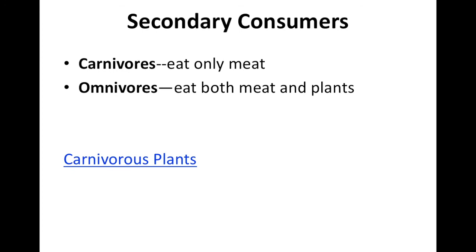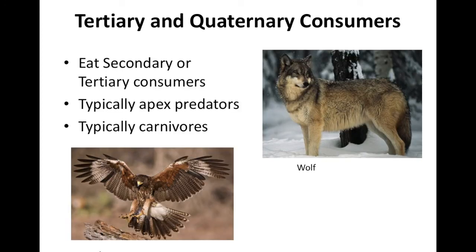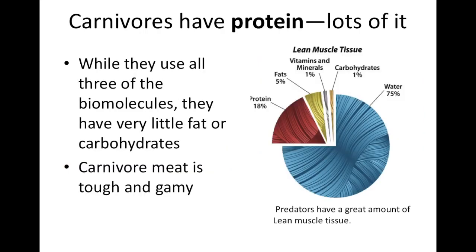Okay, then the tertiary and quaternary or higher level consumers are eating the secondary, or if it's a quaternary consumer, the tertiary. These are considered apex predators, so they're at the top of a food chain, okay, and they're also typically carnivores. Now, these guys have huge energy demands, so they have a lot of protein.